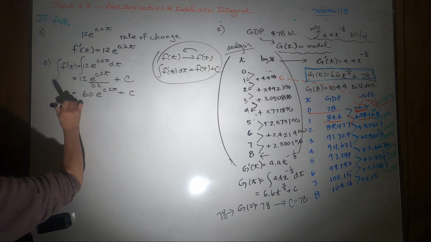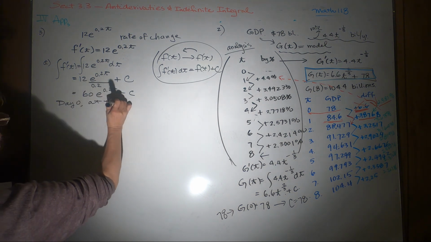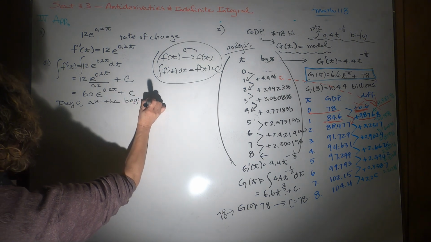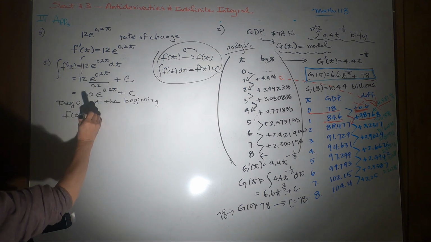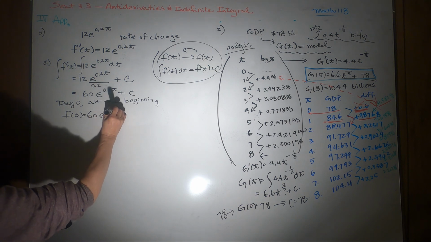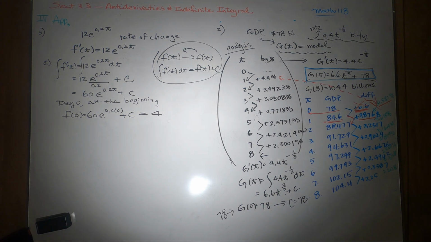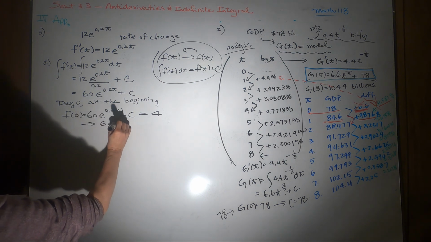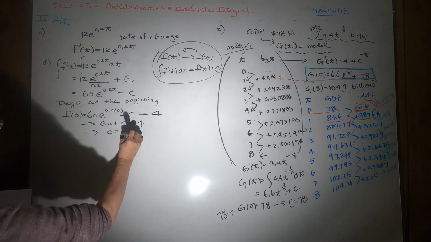That means at the beginning, day 0. So f(0) is what? You plug in 0: 60e^(0.2·0) plus c, supposed to have how many cases? 4. Then e to the 0 is 1, so we have 60 plus c equals 4. That means our c is negative 56.